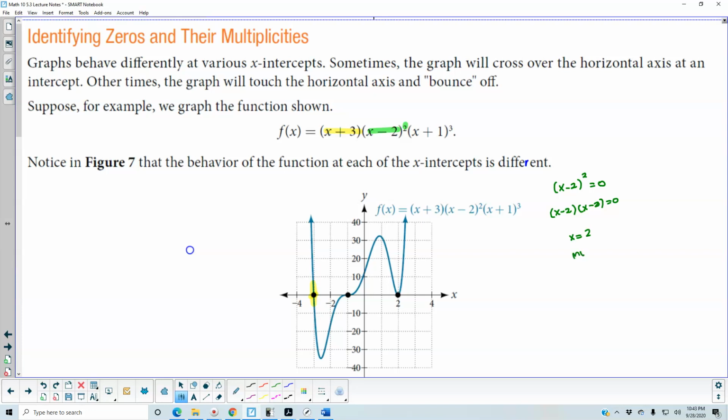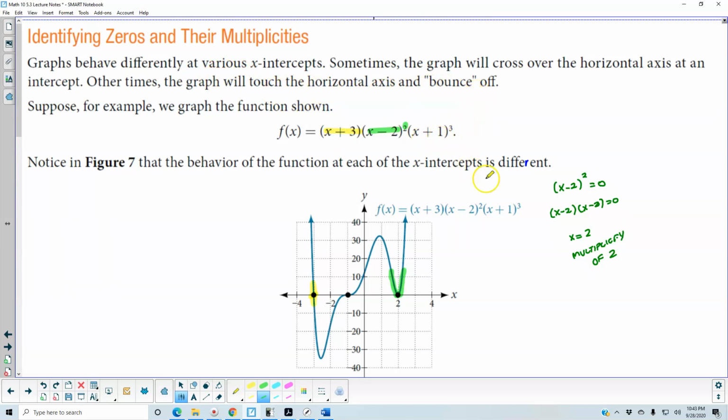That means we have a multiplicity of 2, because there are 2 solutions at 2. So I want you to look at this intercept. Here at 2, it touches and then it bounces off. That's where it says on the graph it will touch the horizontal axis and then bounce off.